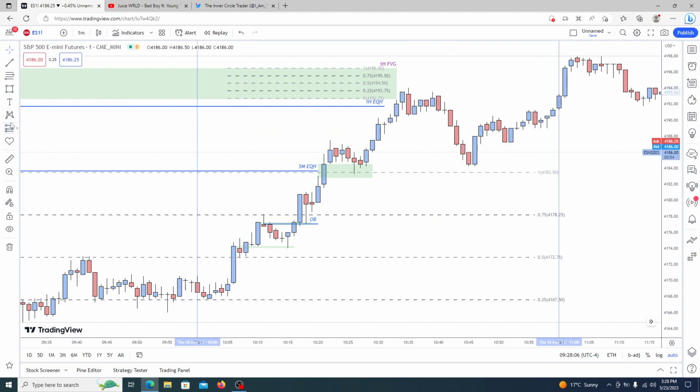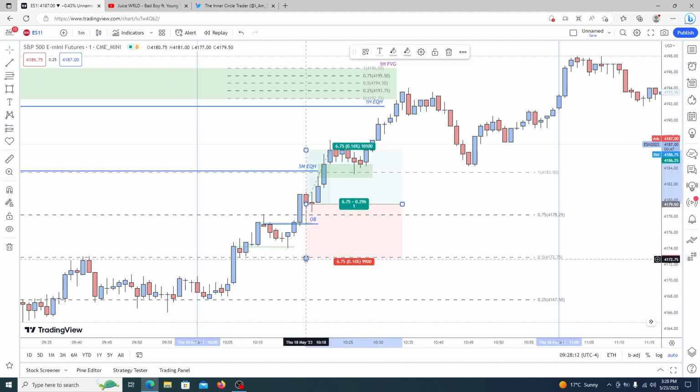Let's place the risk to reward right there, and the low would have been our stop, or you could have placed it down here if you wanted to be more forgiving, since we know that the volume imbalance can be traded through.